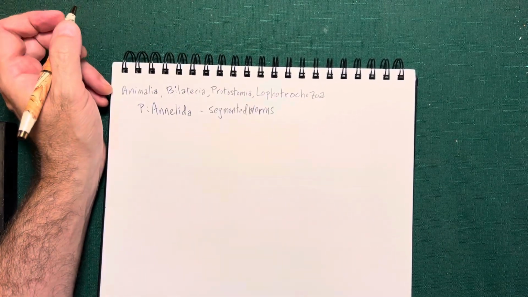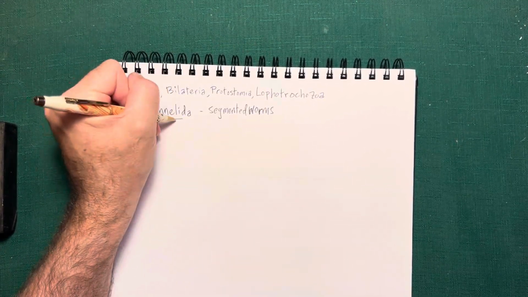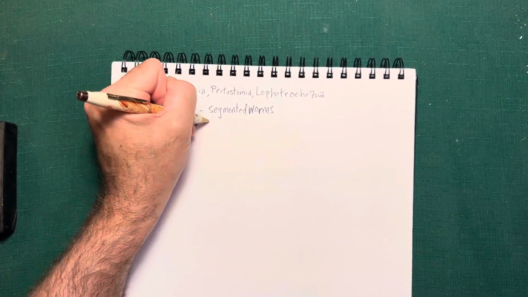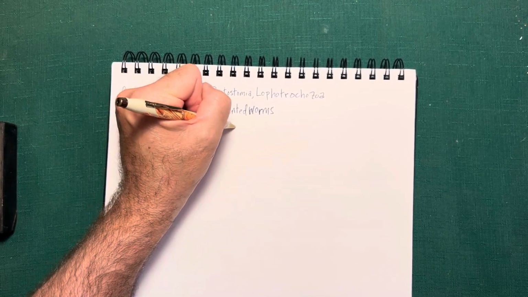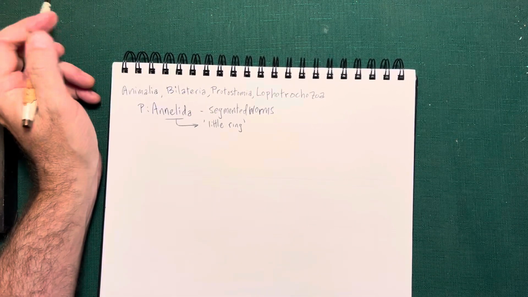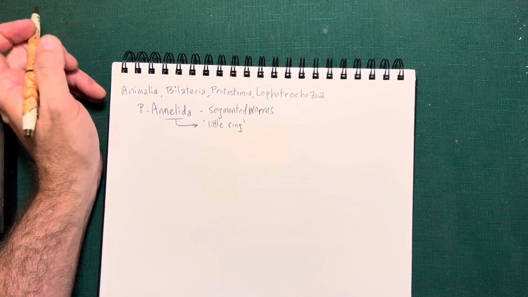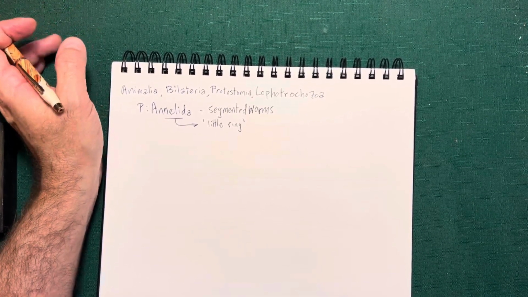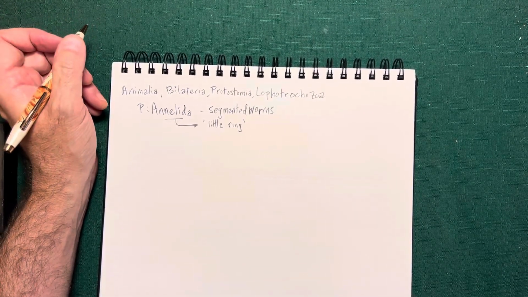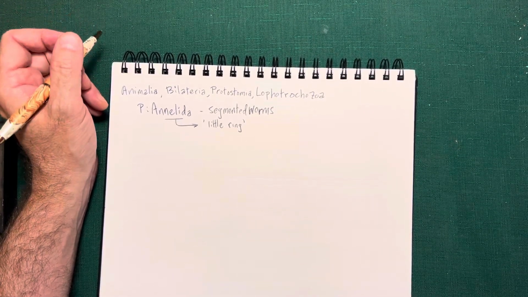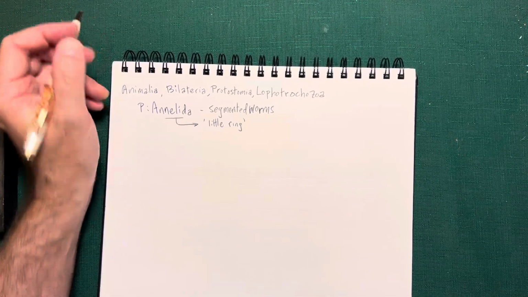And the name Annelida means little ring, for reasons that we will get into when we draw our most familiar annelid, which are earthworms. Night crawlers, same basic idea there.